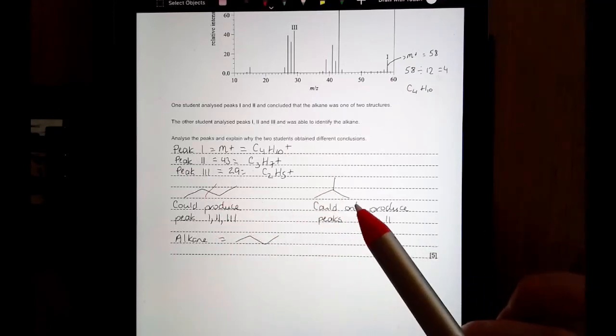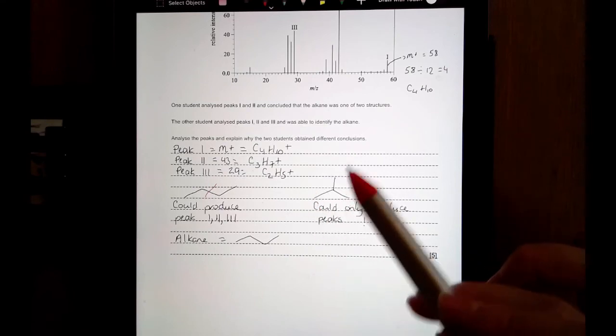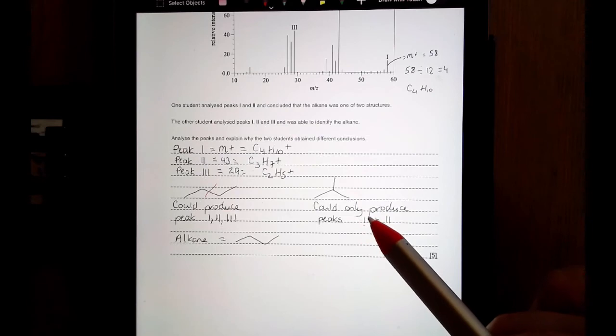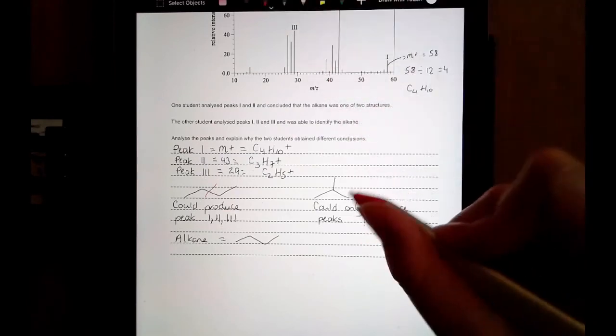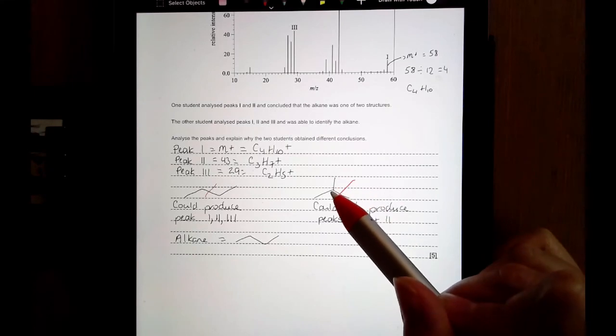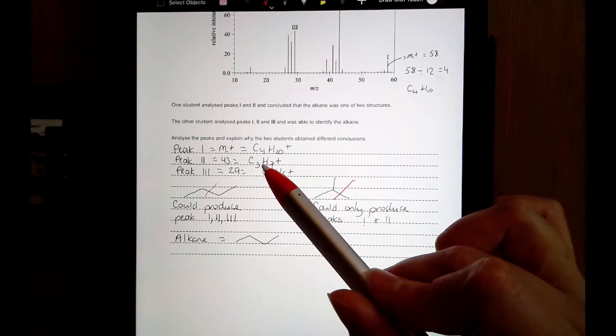However, when I look at 2-methylpropane, I can only get peaks 1 and 2. So I can get the unfragmented ion giving me a mass of 58. I can get peak 2, okay? If I were to break off this CH3 group here, I'd have a CH3 bonded to a CH, bonded to a CH3, giving me C3H7 in total.